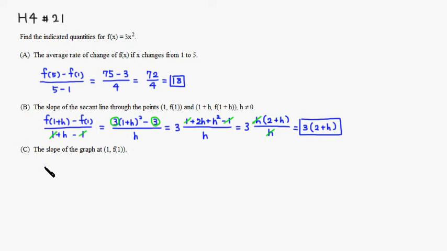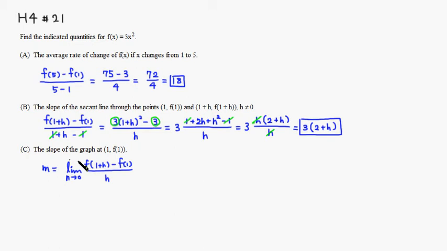So if you want to find the slope m, this is going to be the limit of f of 1 plus h minus f of 1 over h as h approaches 0.